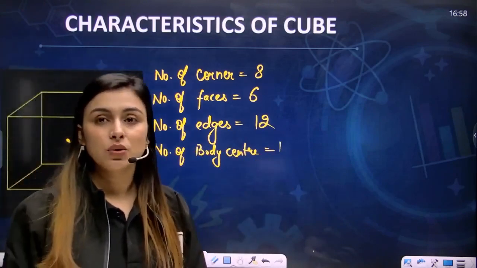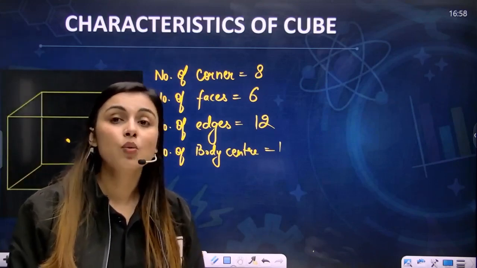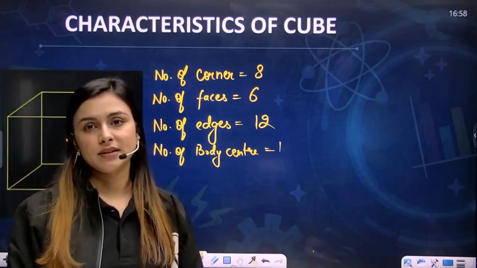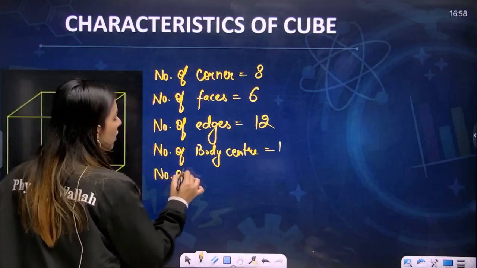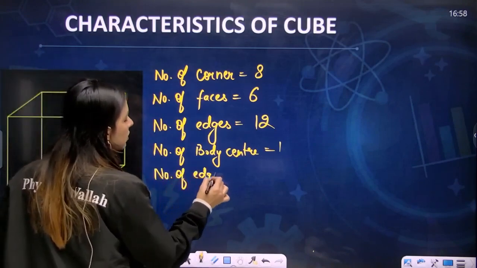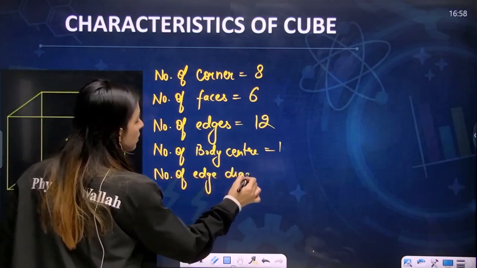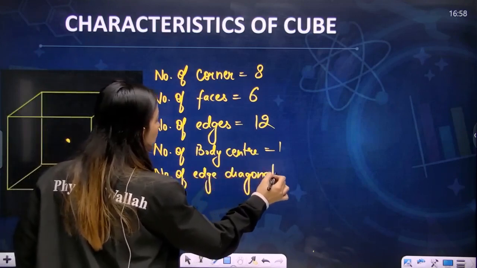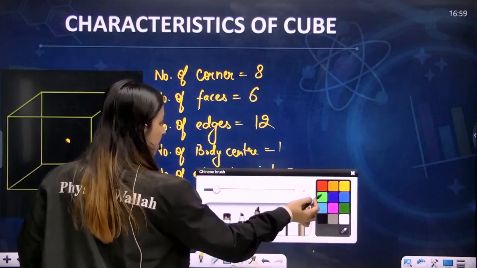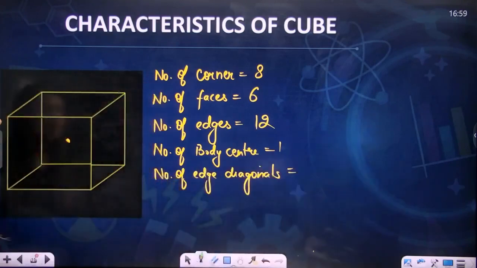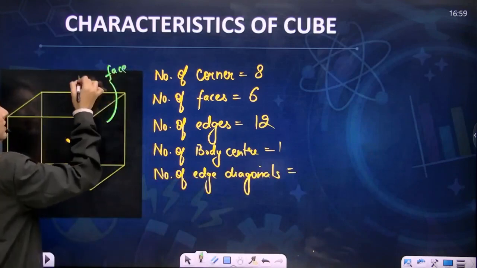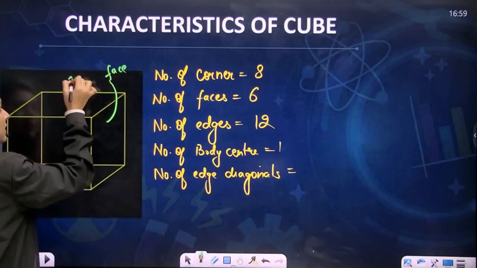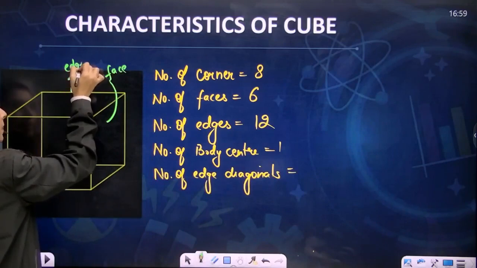If I ask you, can you tell me how many edge diagonals are present? Now, this is something important because you need to know this. Now see, my dear students, this is a face. This particular part is an edge.